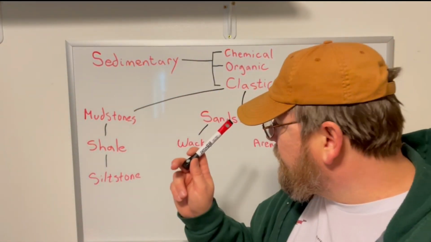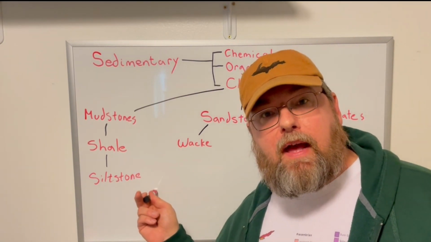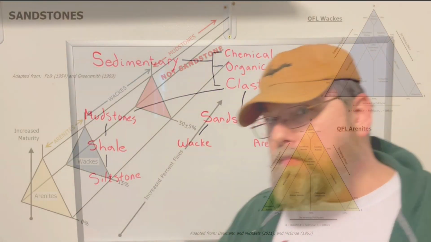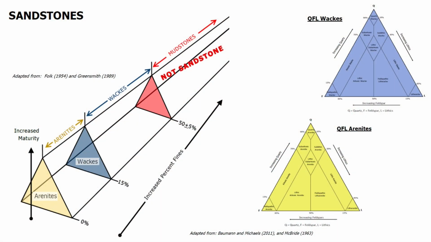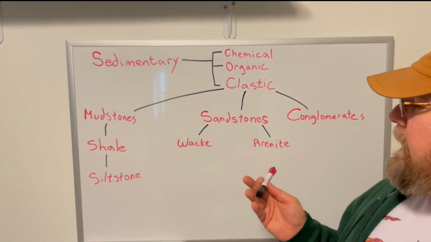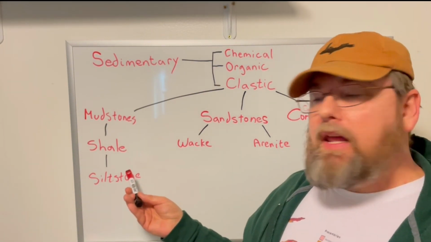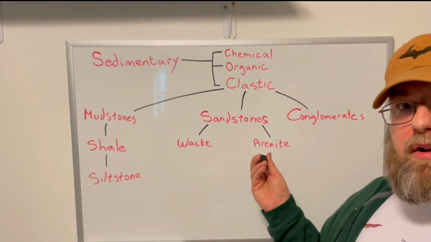Your wackies have a certain amount of mudstone in them, but it's below a certain percent. Basically, wackies are going to have between 15 and around 50% fine particles, plus or minus 5% on the 50% part. Why is that included? Well, anything with less than 15% mud in it is going to be an Erenite unquestionably.